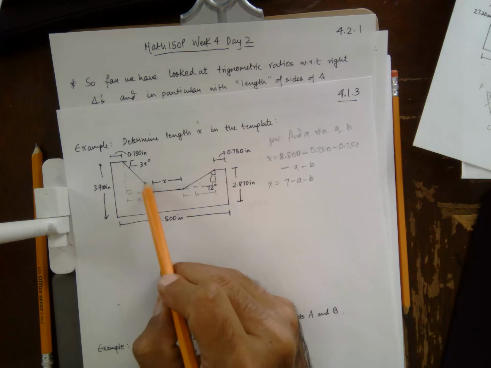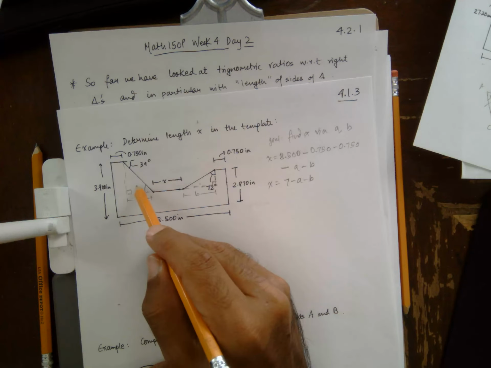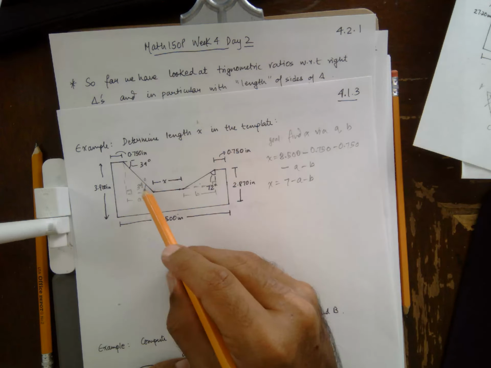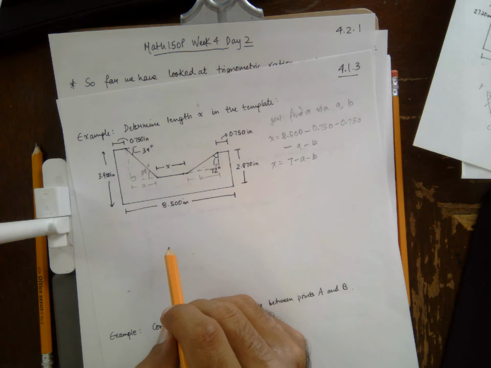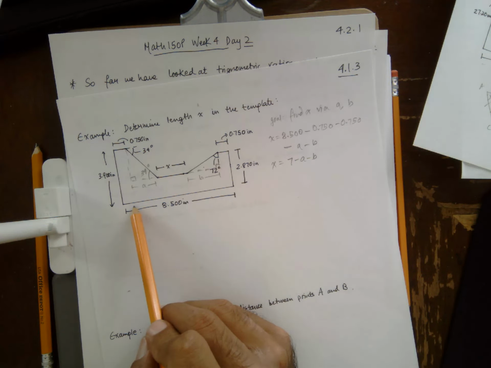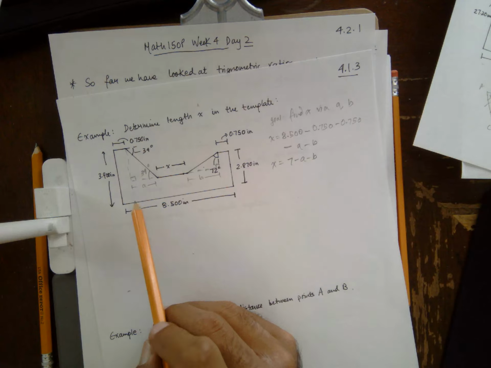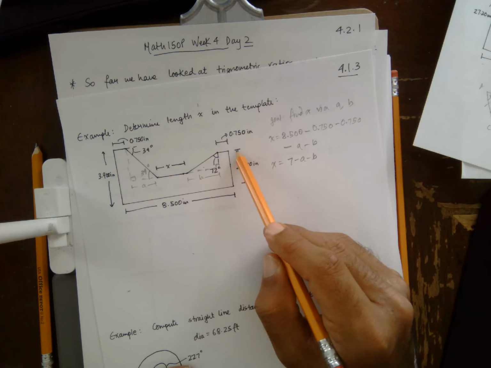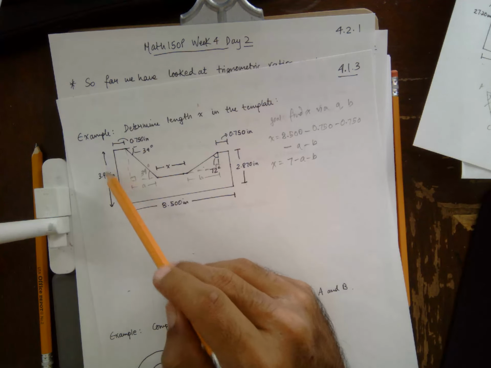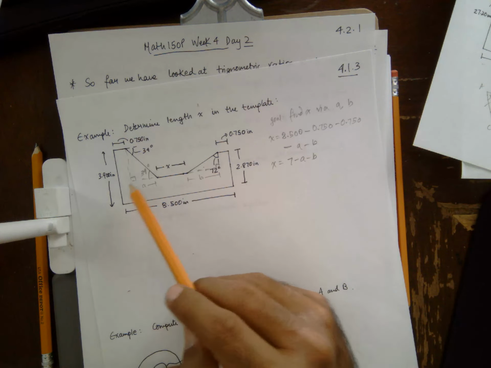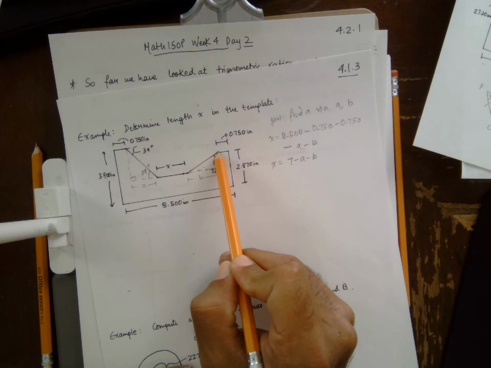Now once again we can use the parallel property here. This is 34 because alternate interior. So let's focus on this triangle right now. Let's see. Okay, so here we know 2.870 and 3.900, which means that if you subtract these, what you get is a different height.